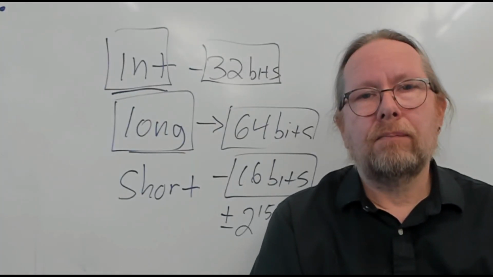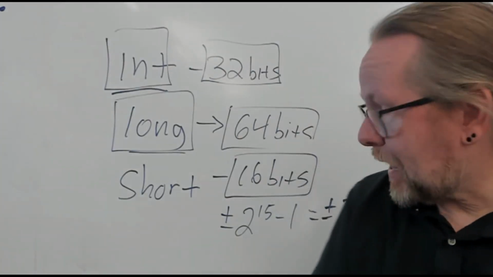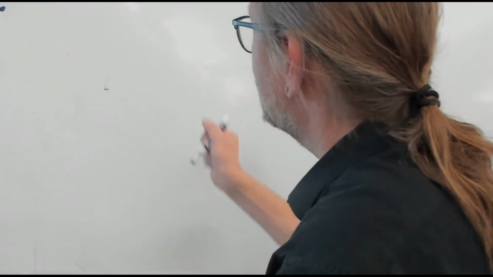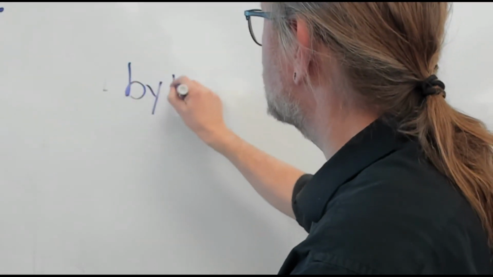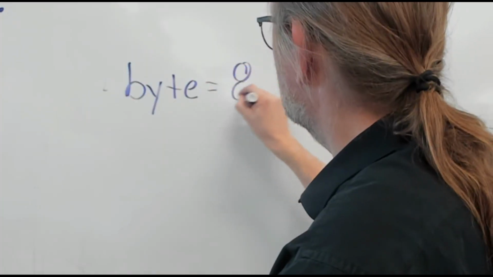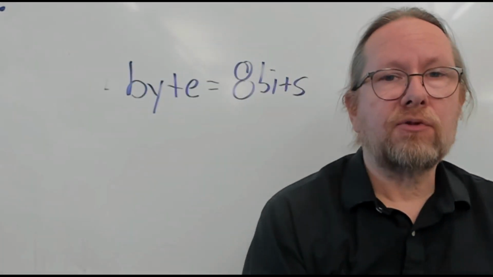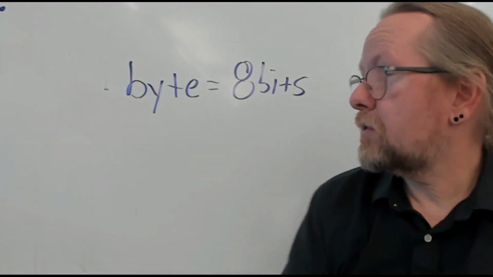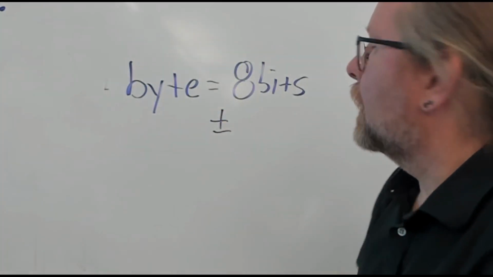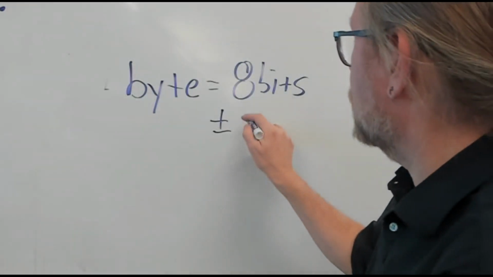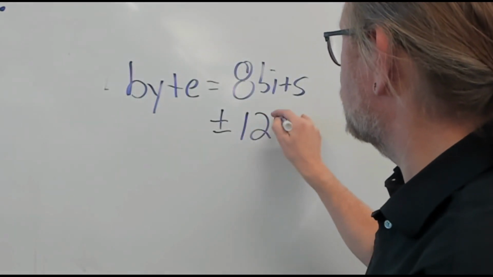So you can even go smaller than that. You can actually define a variable in Java to be a byte. A byte is just 8 bits. Which means, remember the 255 from Legend of Zelda, because 1 bit goes to the sign, it can only go half as much, up to plus or minus 127.